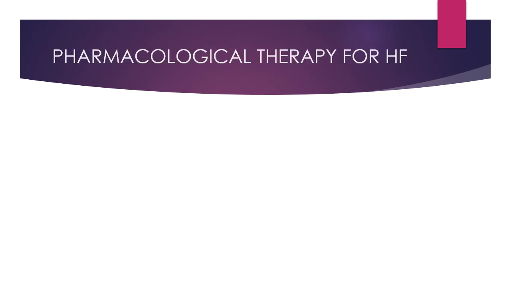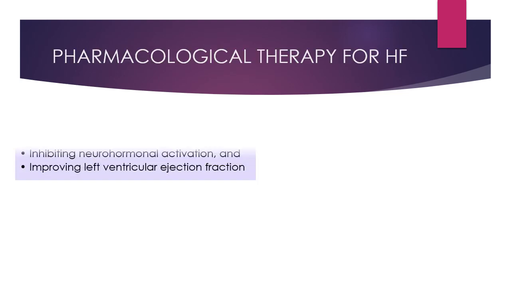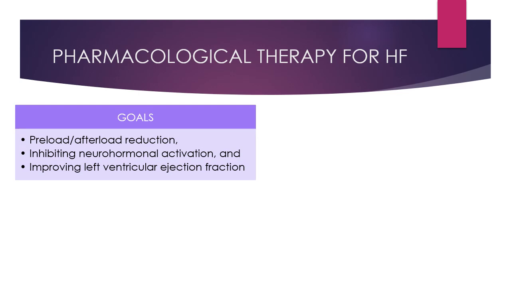When we talk about the pharmacological therapy for heart failure, the goals are to reduce the preload and afterload in these patients, to inhibit the neurohormonal activation, and to improve left ventricular ejection fraction. But in most cases improving the left ventricular ejection fraction or reverse remodeling may not be possible.